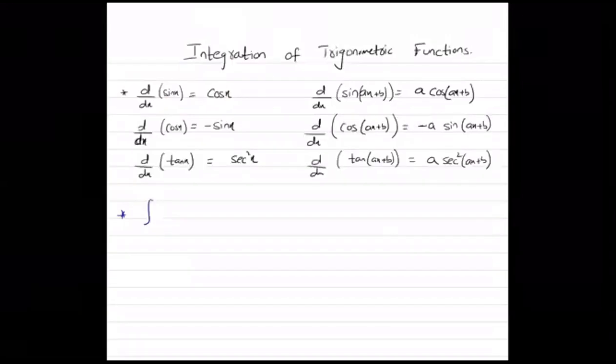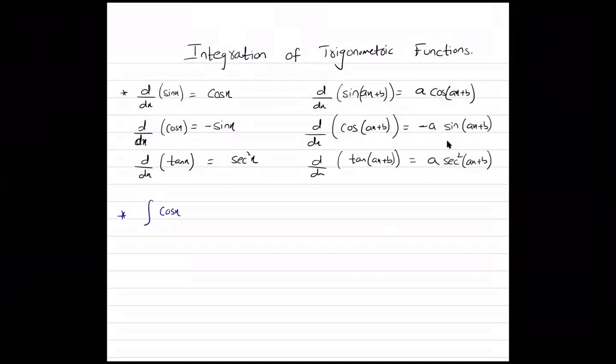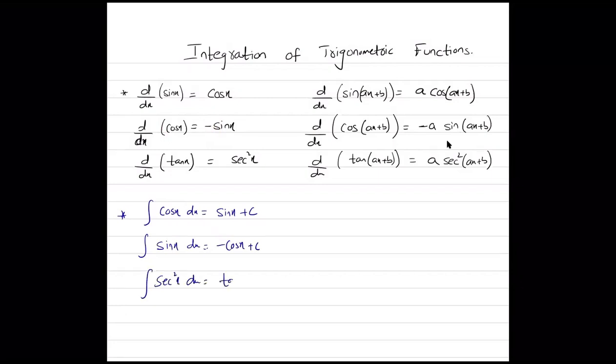Integration of cos x dx is going to be sin x plus c, and integration of sin x dx is going to be minus cos x plus c, and integration of secant square x dx is going to be tan x plus c. Are we clear till here?